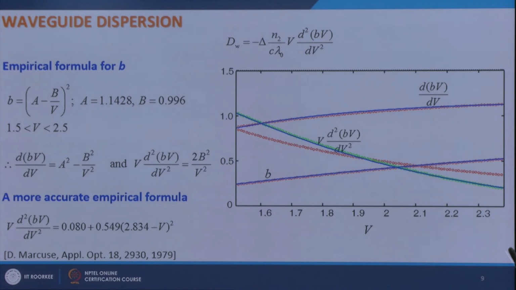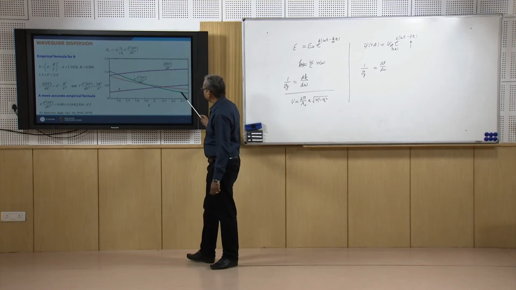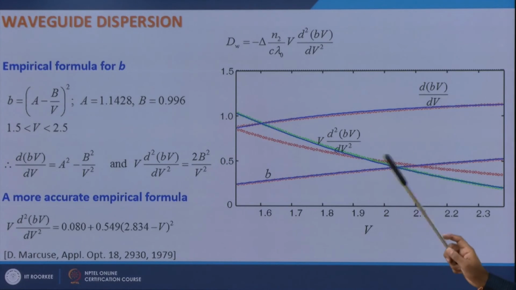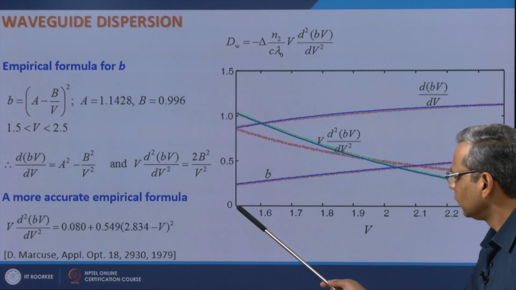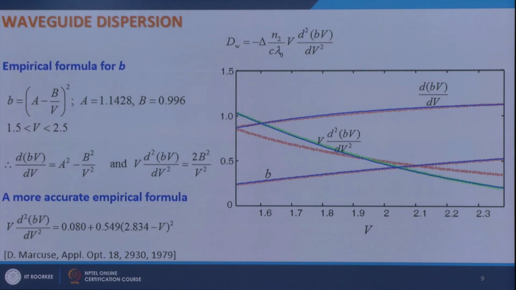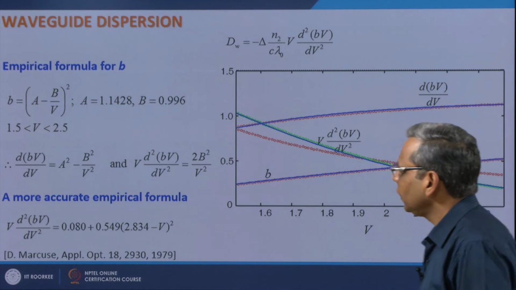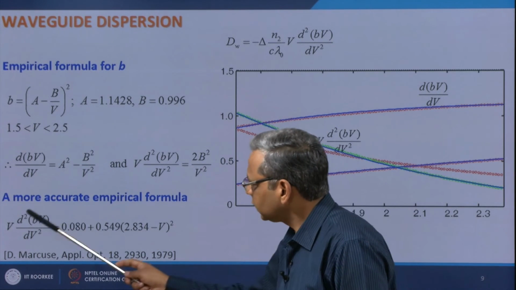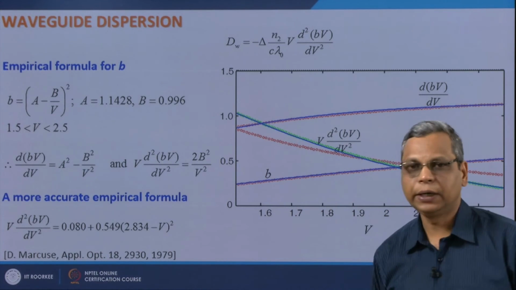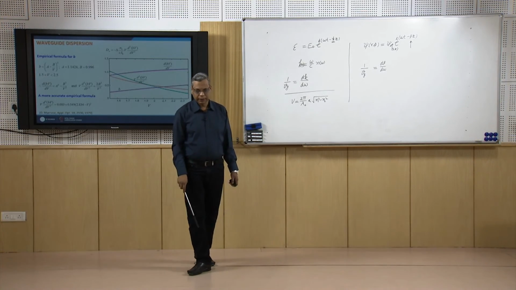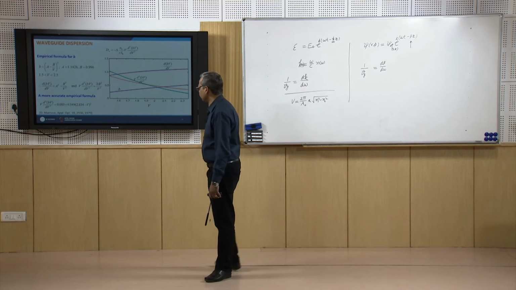When I plot this, shown here in green circles, I find that this relationship fits very well in the entire range of V from 1.5 to 2.5. So, I can safely use this relationship for calculating waveguide dispersion in a single mode fiber.